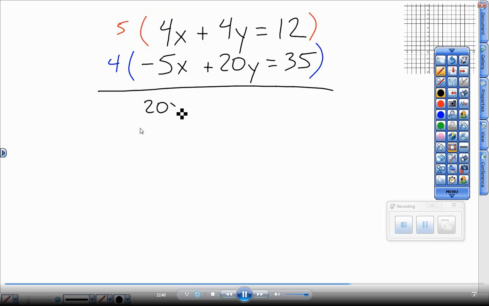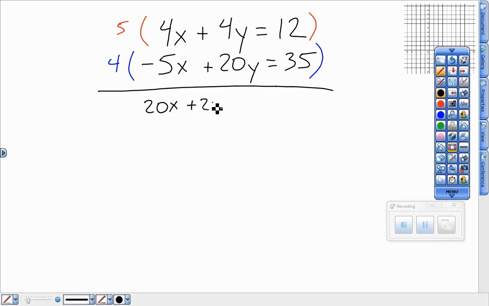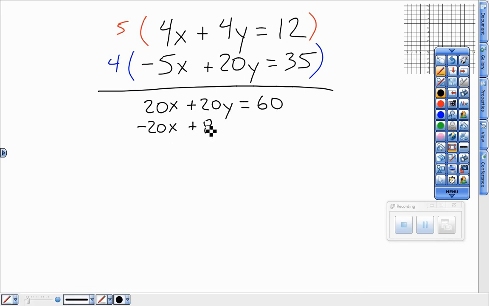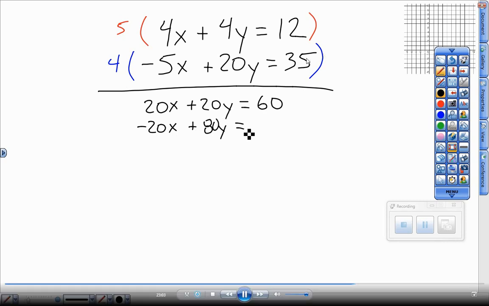Gives me 20x plus 20y equals 60. On the bottom, I have negative 20x plus 80y. And then 4 times 35 on my calculator, or using good old-fashioned arithmetic, 5 times 4, 20, 12 is 140.